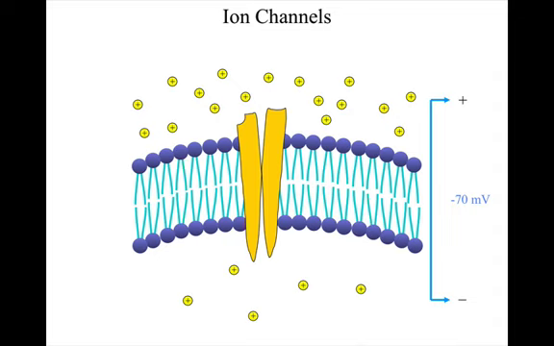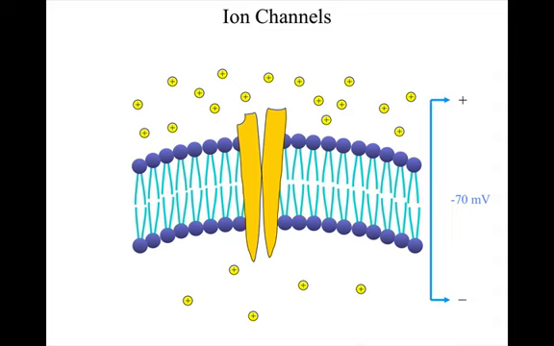Now, although the membrane is impermeable to all these ions, it's also penetrated by various proteins that in some situations can serve as channels for the ions to flow through. An ion channel usually only allows passage of one type of ion, generally sodium, potassium, calcium, or chloride, but sometimes it allows more than one, provided they have the same charge.